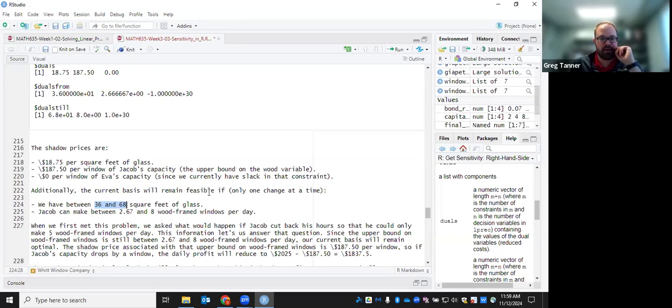We'll also have the current basis remain feasible if Jacob can make at least 2 2/3 windows up to 8 windows. My guess is that if he can make more than 8 windows, then we stop making any aluminum framed windows. And if he can make less than 2.67 wood framed windows, then maybe we start making more aluminum windows instead.